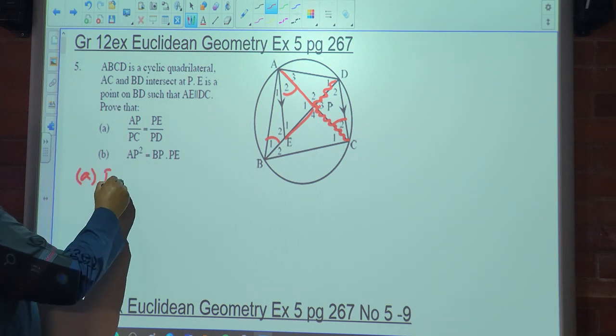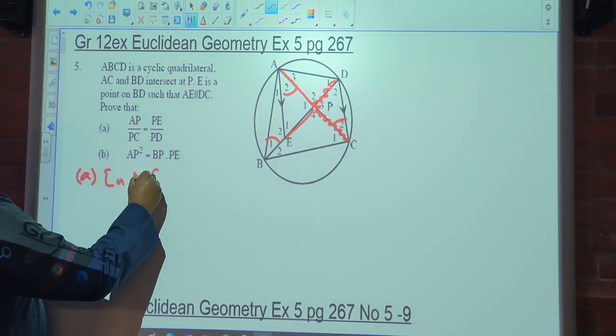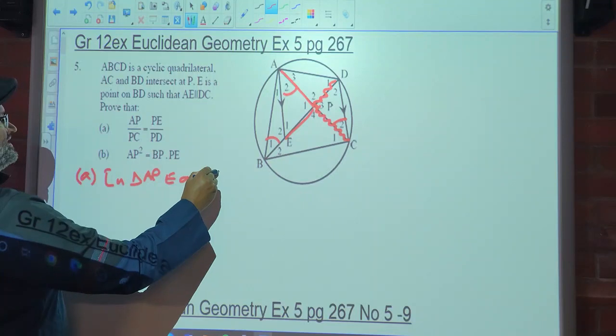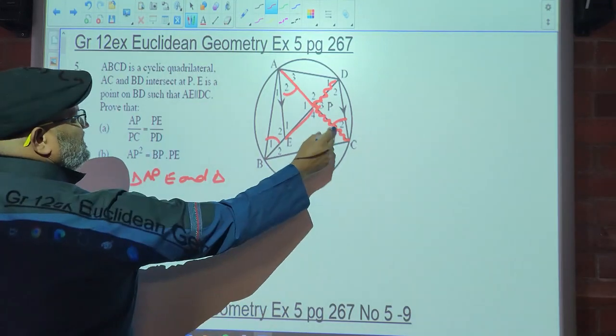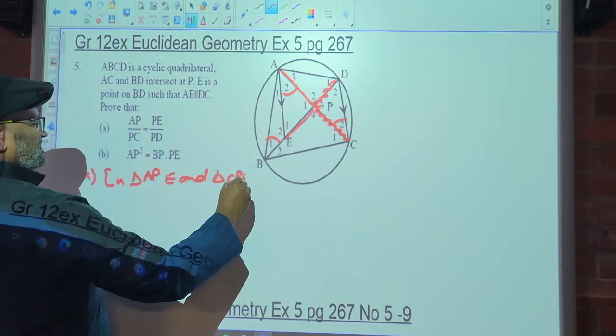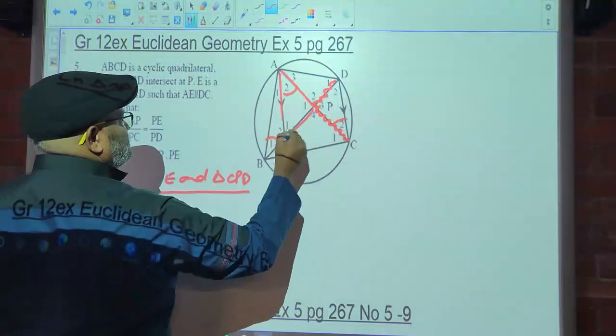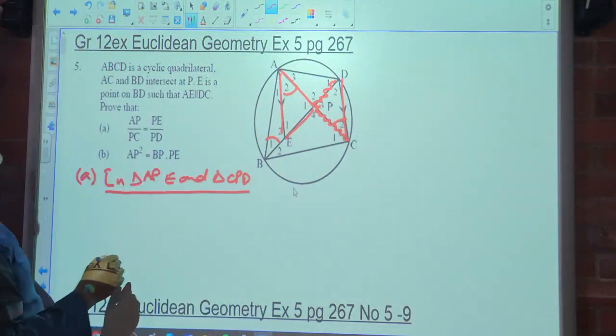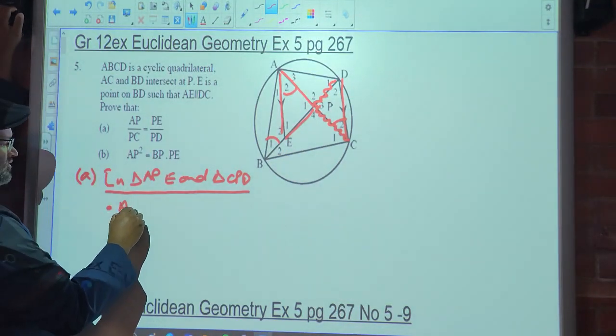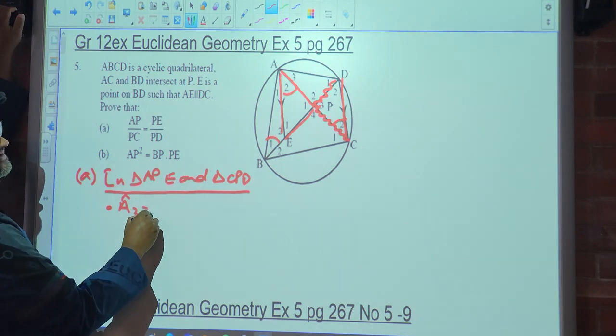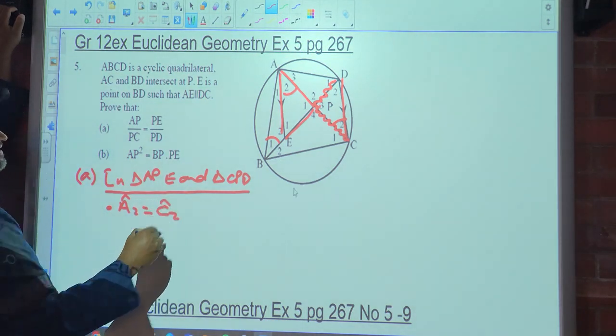So we're going to say in triangle APE and triangle CPD. The order doesn't matter now, but in conclusion it will. Okay. So what can we say about these two triangles? Firstly, angle A2 is equal to C2. Why?